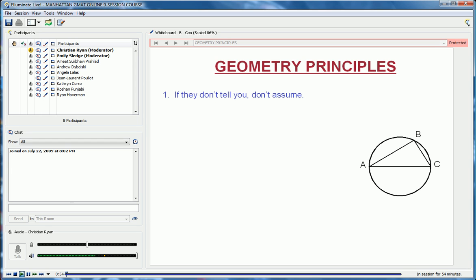So, what do we know about ABC here? Go ahead, type it in for all to see. What do we know about ABC here? This figure ABC with the straight lines. What do we know about that? Type it in for all to see.